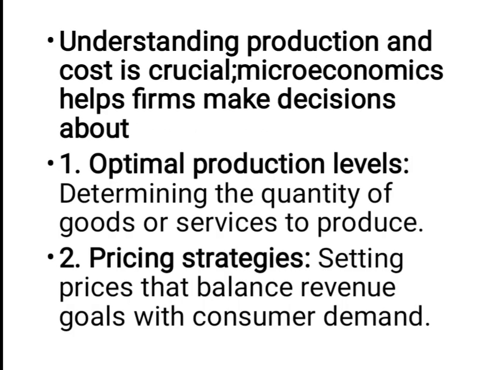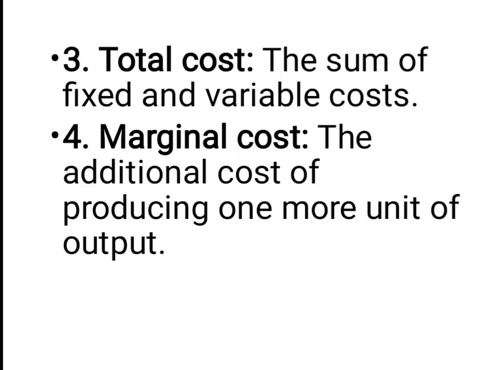We have talked about determining the quality of goods or services, which will determine the price and also the cost of the product. Pricing strategies will also be determined by the cost of the product. Then there is total cost, which covers the fixed expenses that you use.